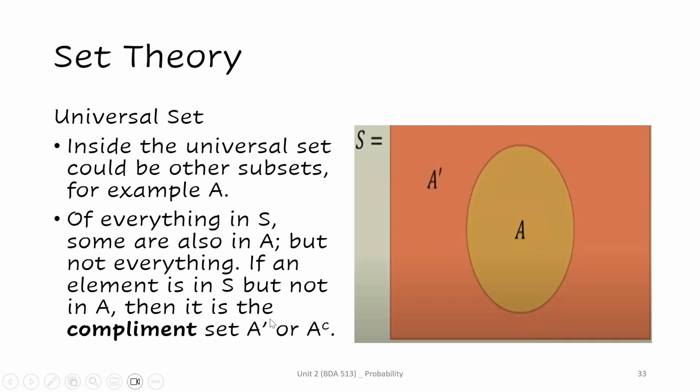A prime, A C, or complement is the same thing. So the universal set consists of several subsets; some might be inside others, some might be outside it.